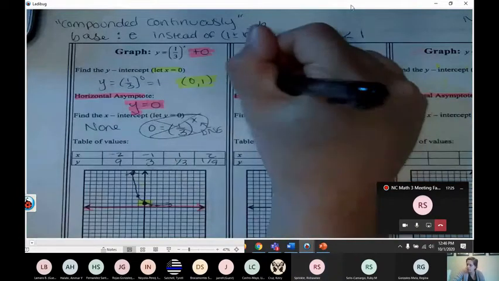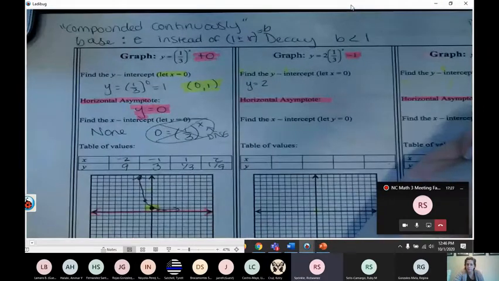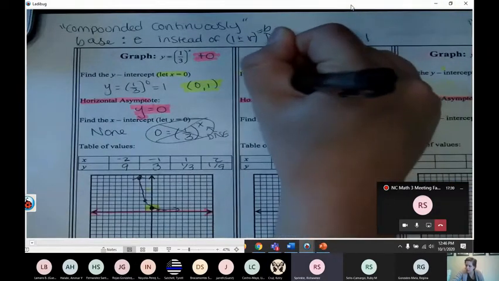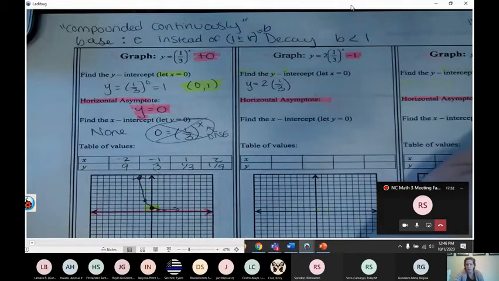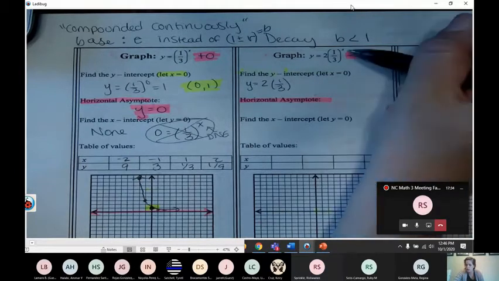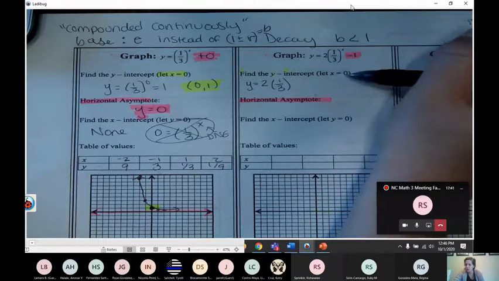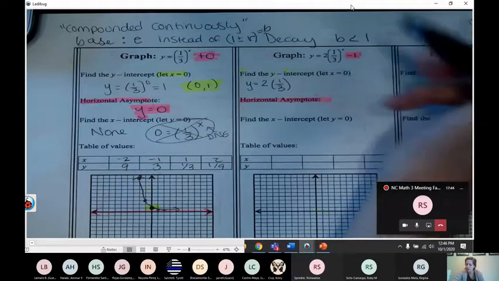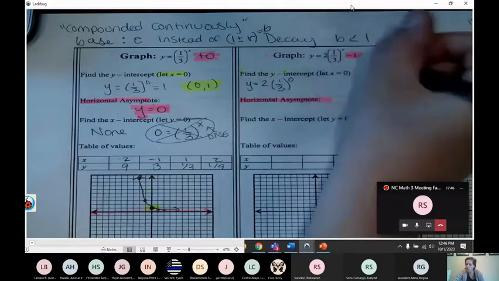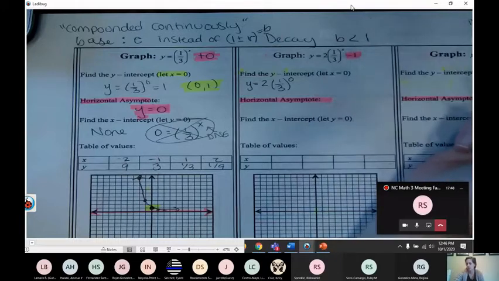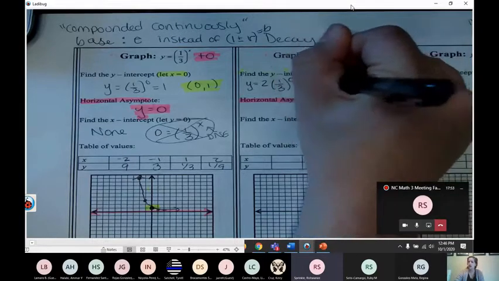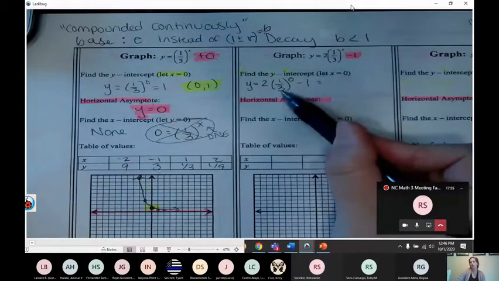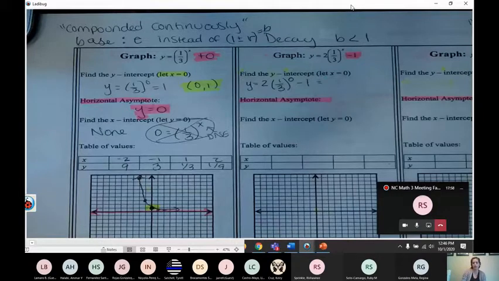Yeah. And then what? 1/3. Yep. And what is that new exponent going to be? So instead of x, I'm going to use 0. Yeah, 0, good. And then what's the last piece? -1. Perfect.